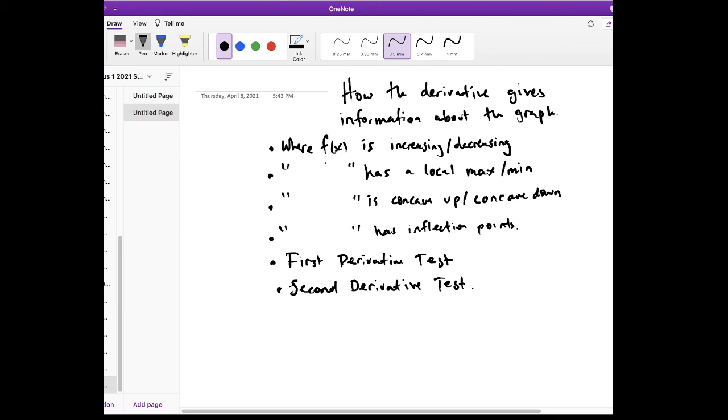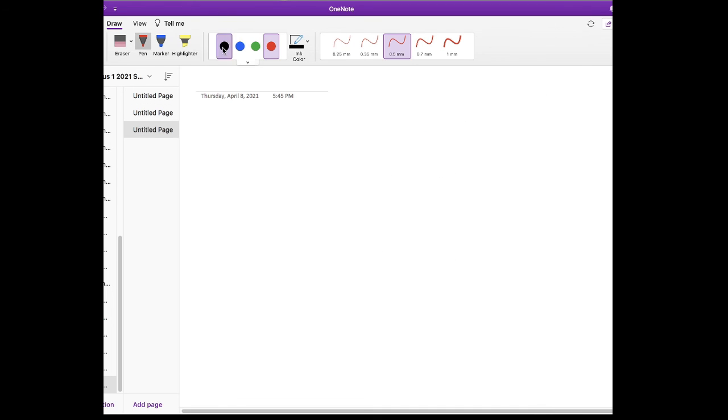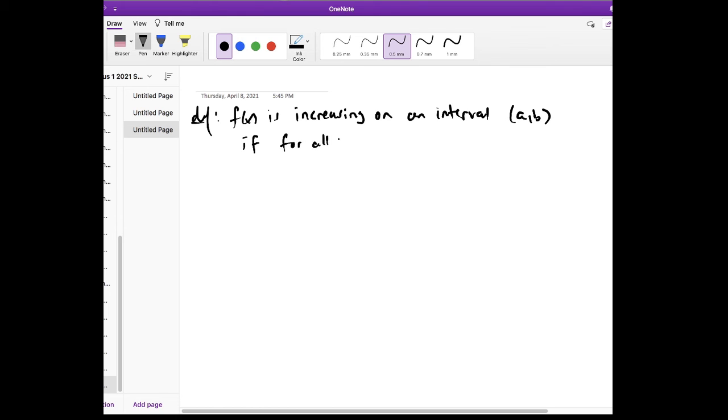Okay, so why don't we start with what does it mean for a function to be increasing and decreasing? So we have kind of talked about that, but let's give it a little math definition. So we'll say that f of x is increasing on an interval (a,b) open if for all x values, say x1, x2, where let's say x1 is less than x2.